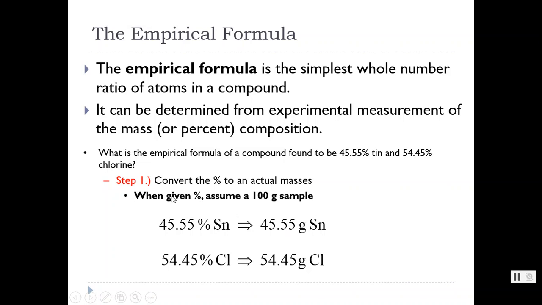So step one in finding the empirical formula, when given mass percents: assume a 100-gram sample, take off the percent sign, and slap on a gram sign. So now we have actual amounts of our elements in the compound.